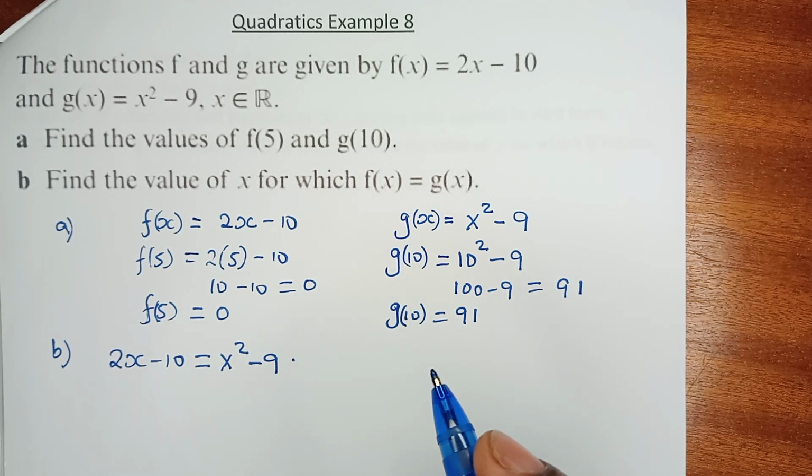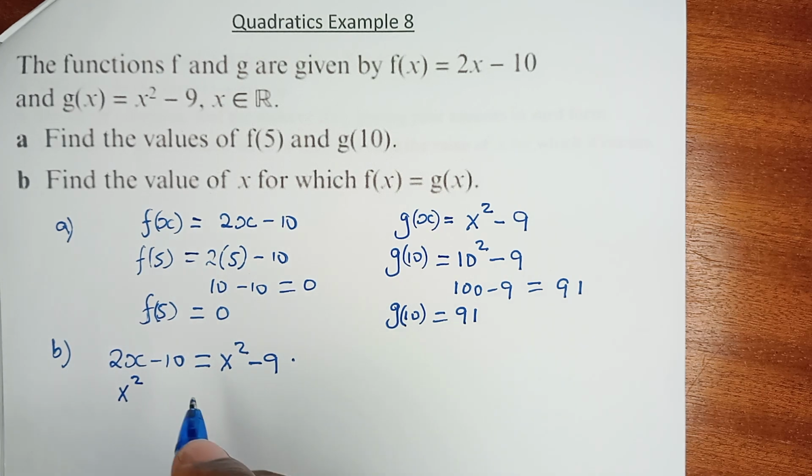And of course, as you can see, it's going to be a quadratic equation, whereby we have to write it as x squared minus 2x minus 9 plus 10, that means plus 1, is equal to 0. And as you can see, we have a quadratic equation which needs to be solved by either method.